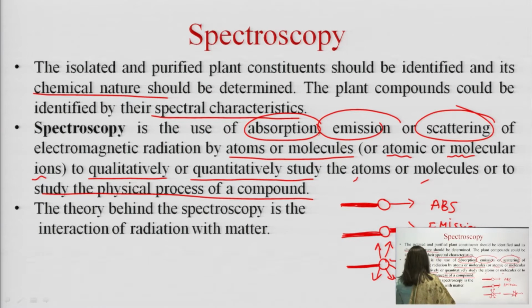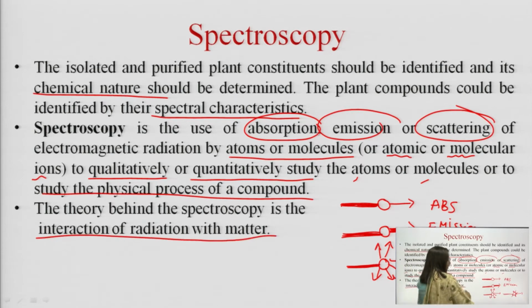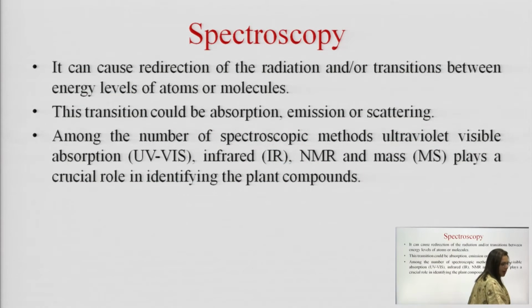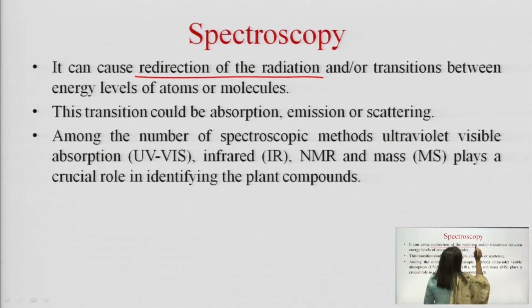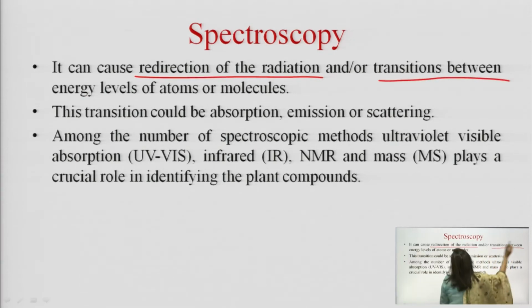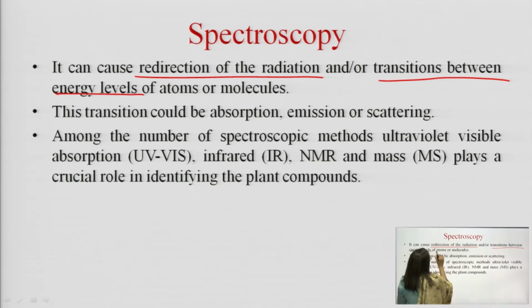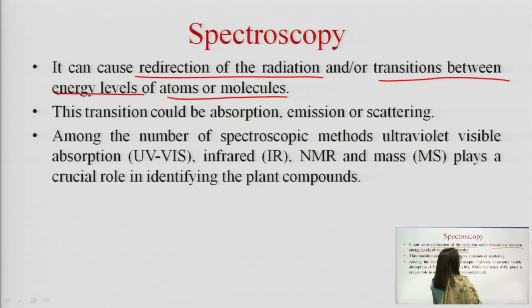So, the theory behind spectroscopy is mainly the interaction of radiation with the matter and its effect. It can cause either redirection of the radiation or transition between the energy levels of the atoms or molecules.